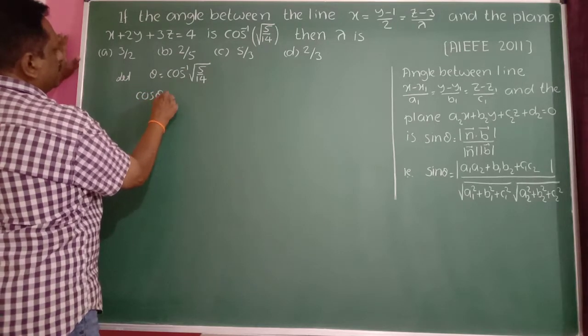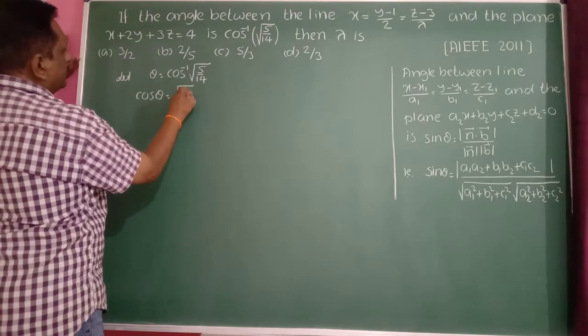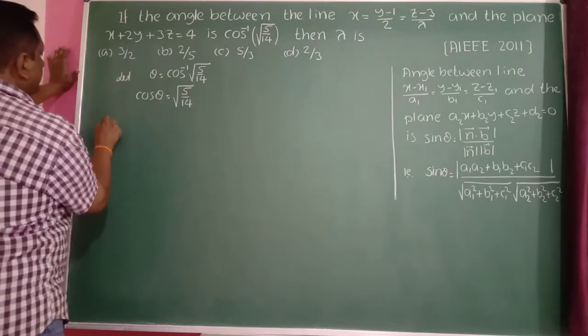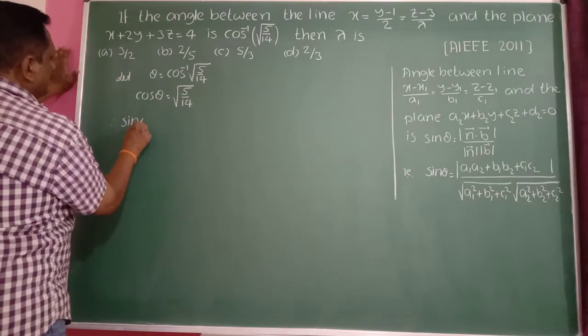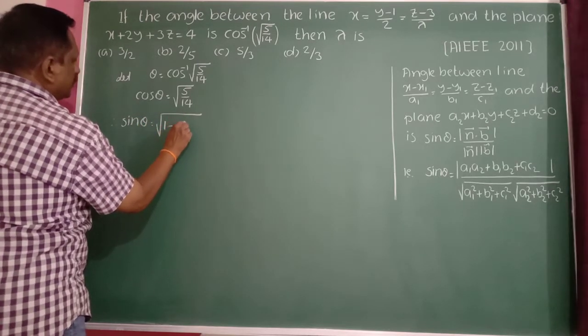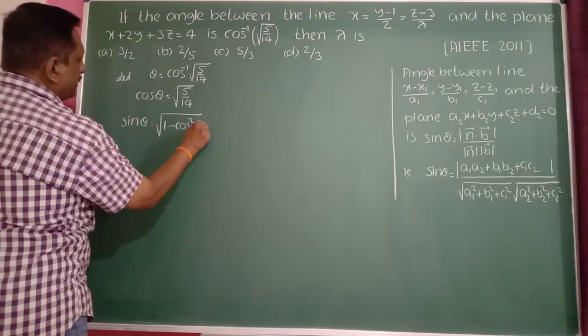Cos theta is equal to root of 5 divided by 14 here. Therefore, sin theta is the root of 1 minus cos square theta. This is a formula.